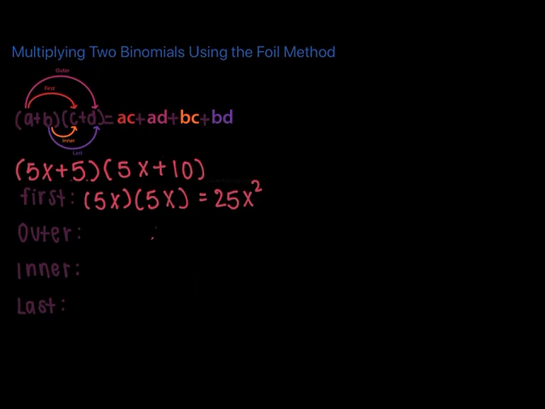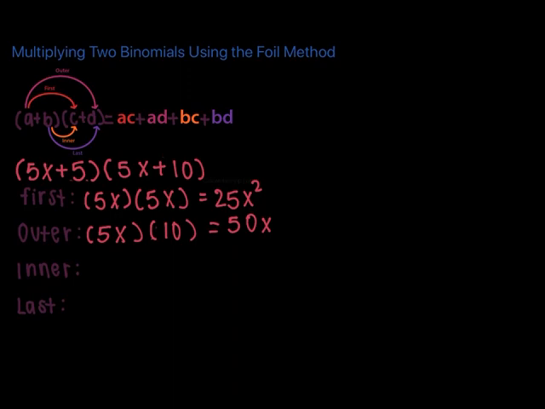Now, let's go with the outer, which would be a times d. In our case, that would be 5x times 10, and that would equal 50x.